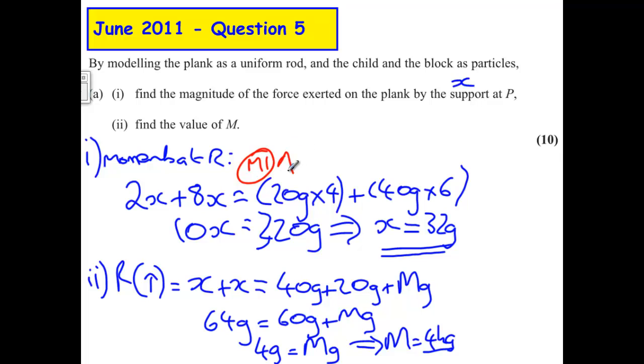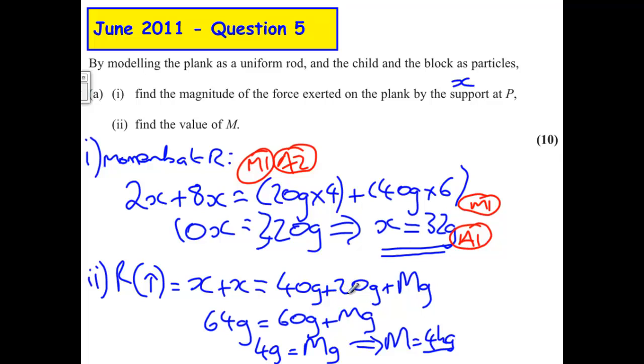Doing this correctly gets you 2 accuracy marks, so you get 3 marks for this line of working. And solving this to find the value of x is 1 method mark if you demonstrate that you're trying to rearrange the equation, and you get an accuracy mark for correctly finding the value of x.